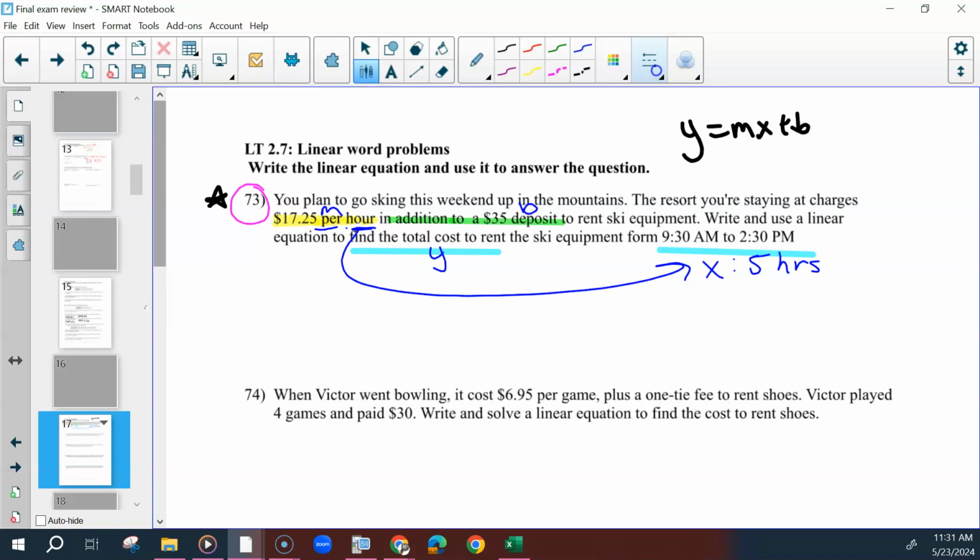So now that you know which one is which, we could set up our equation. We don't know y. We know m is 17.25. x we know is 5. b we know is 35.